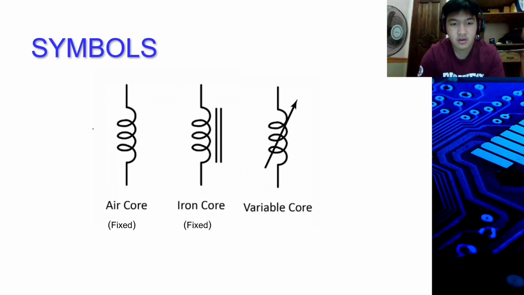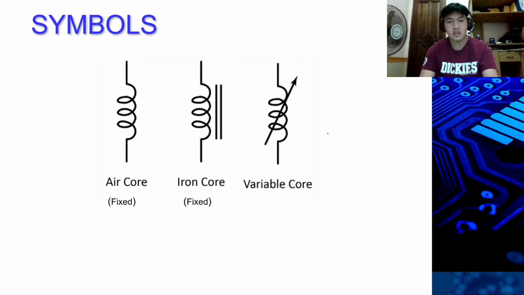And we have the iron core, which is still the same as the air core symbol, but it has a parallel line that denotes that it has a core, parang plate or core niya. And then we have a variable core, which is the same as the air core but with a slot line. Okay.